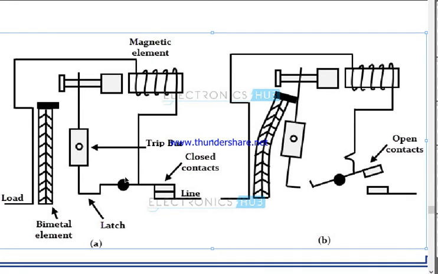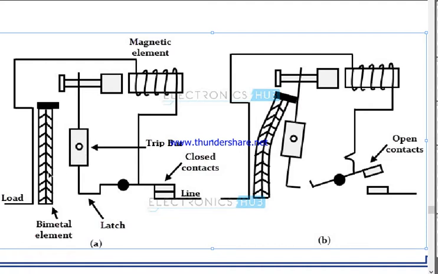In normal condition you can see the circuit is completed. Load is here, line is here, and like this, through this magnetic element the circuit is completed, isn't it? But in the event of overloading, what happens?